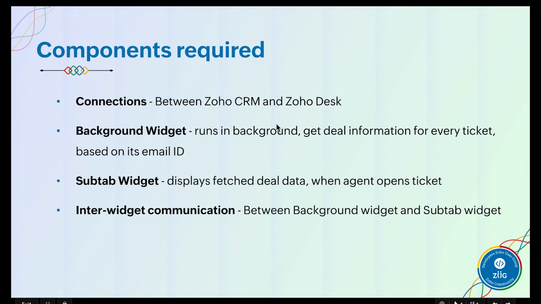Then, for every support ticket, the email ID has to be automatically fetched and passed to Zoho CRM, and if deal information is available, it should be brought back to Zoho Desk. This should happen in the background for each and every support ticket. So for that, we are going with a background widget which will run in the background and get the deal information for each ticket based on the email ID.